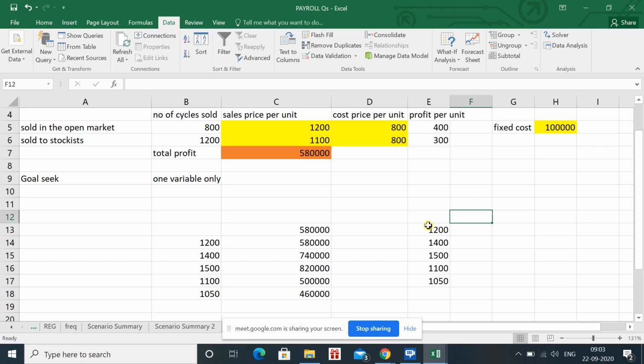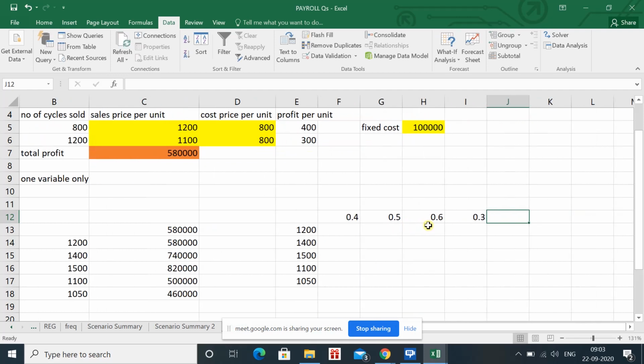We are now doing the third part of the question. In the third part, they are saying that we are changing the selling price per unit and also the percentage sold in the open market. One I am taking 40%, one 50%, 60%. You can take 30% or 70% also, it's up to you.